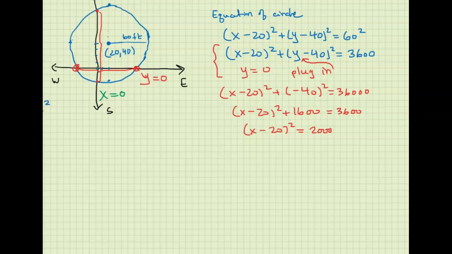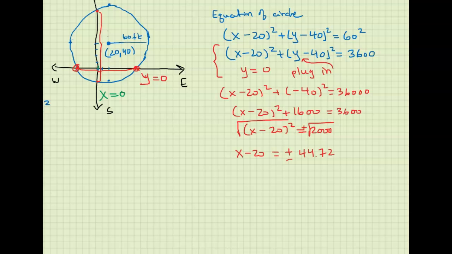Take the square root of both sides with the plus or minus. There are two intersection points just looking at your picture, so you need to take the positive and negative square roots. So x minus 20 equals plus or minus the square root of 2000, which is plus or minus 44.72.